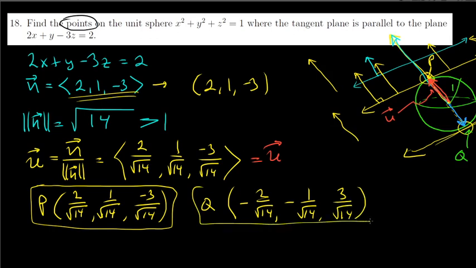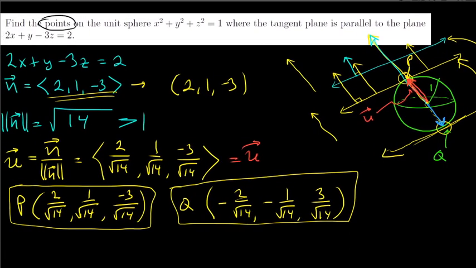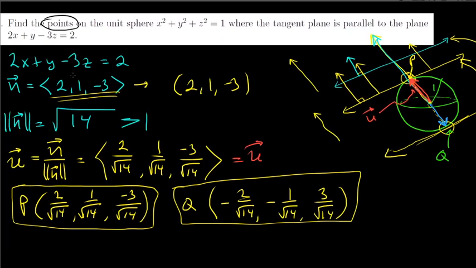So those are the 2 points on the sphere where the tangent plane is parallel to the blue plane, the one that's 2x plus y minus 3z equals 2.